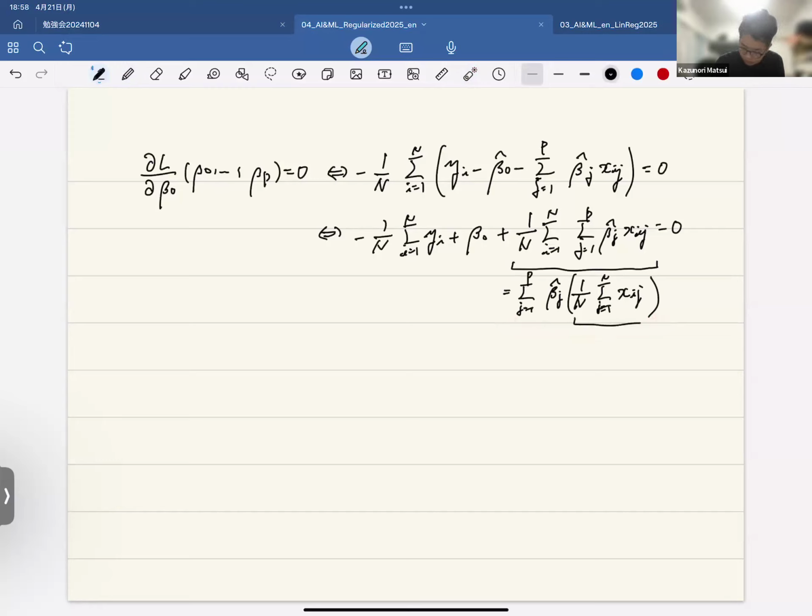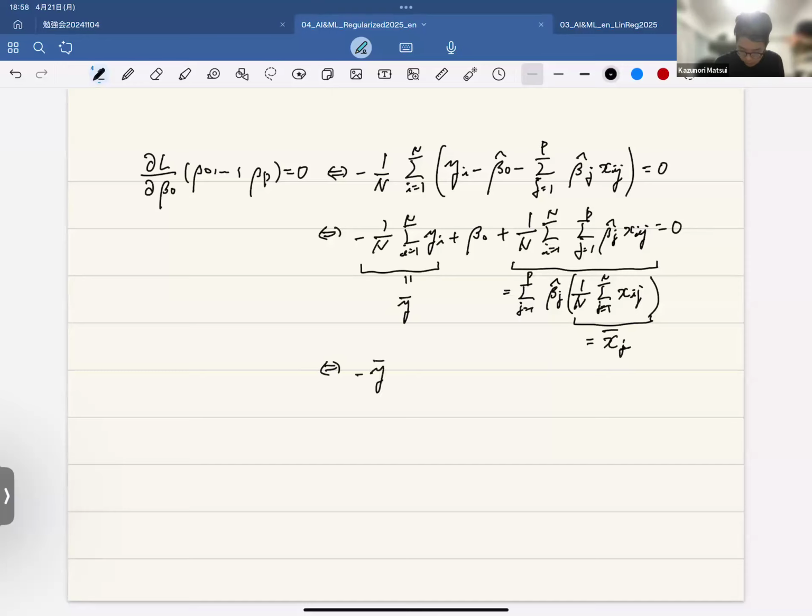So this part becomes the mean of the j-th explanatory variable, x bar j. And this part becomes the mean of the objective variable, so y bar.